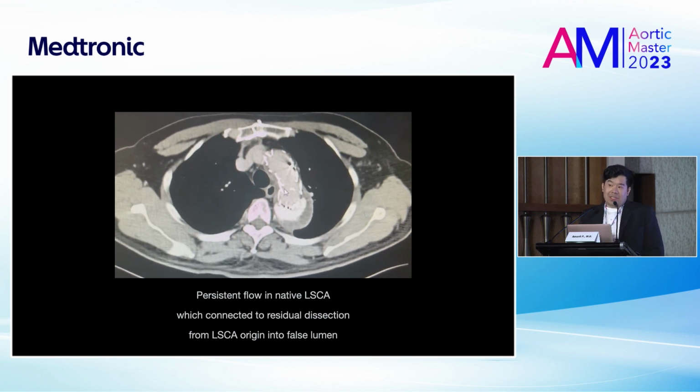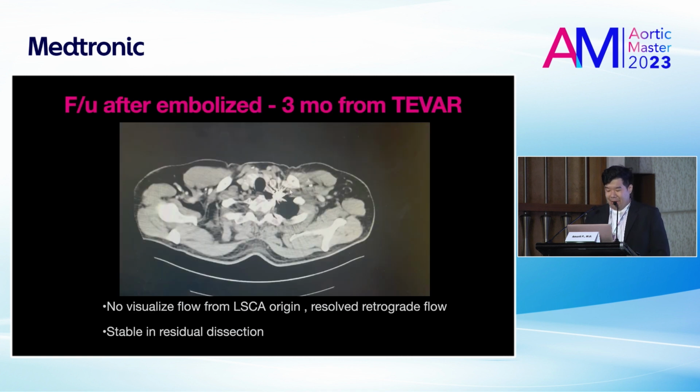We also put a stent in the aortic arch to cover all of the aortic arch branches, like the carotid, because we translocated the innominate, and also the left carotid and the left subclavian. We also performed embolization of the proximal origin of the left subclavian, but the dissection remained patent in this patient, with the false lumen from the left subclavian connecting to the false lumen in the aortic arch into the descending aorta.